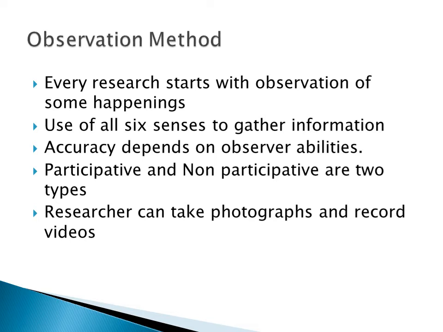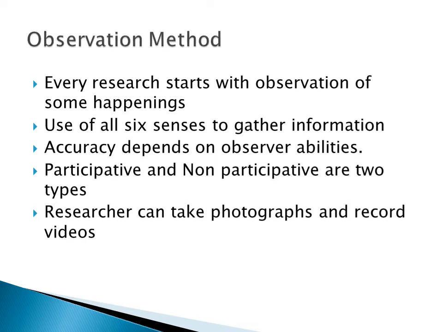Now, this is very important. The next point is that the accuracy depends on the observer's abilities. That means how smart you are, how accurate you are, how vigilant you are, how objective you are is very much important in the observation method of data collection.